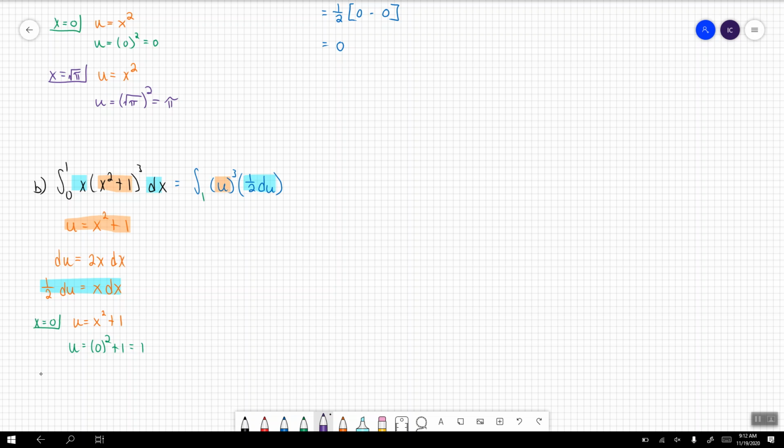Upper limit of integration, x was equal to 1. I'm going to use the same substitution formula. u is equal to 1 squared plus 1, which gets me 2, which means my upper limit of integration is then 2.